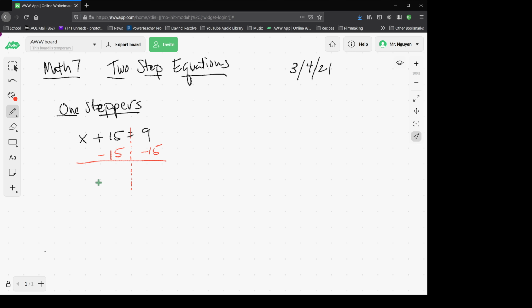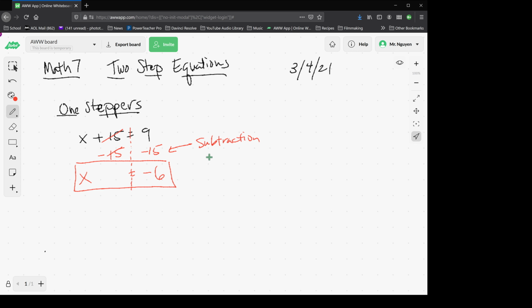So you're left with x over here. This cancels out because positive 15 minus 15 gives you nothing. So that's 0. And then you have 9 plus negative 15, which gives you negative 6. So this is your answer, and what you just used here to solve is the subtraction property of equality.